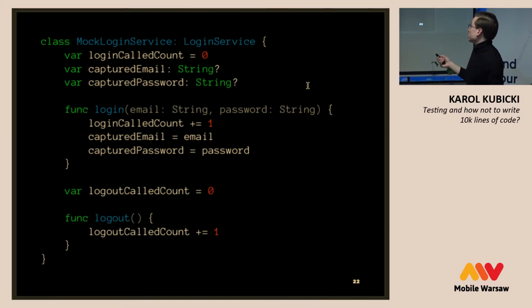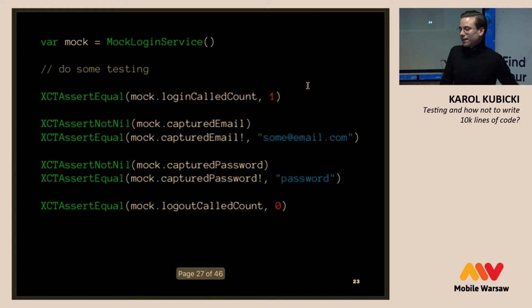We also might want to know how many times this method was called, so we need counters, one for login called and one for logout called. Yeah, this is how we used to do it, how Swift forces us to do it.